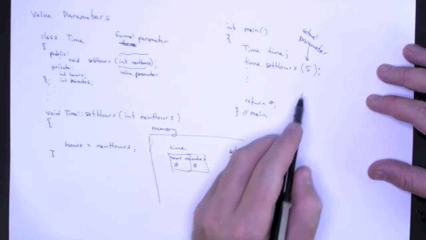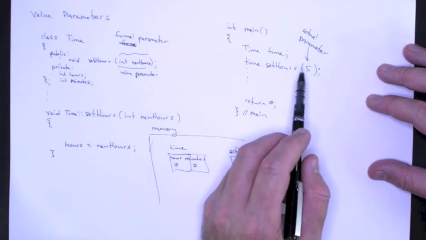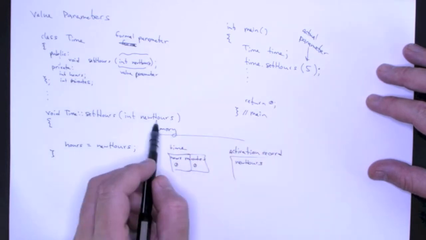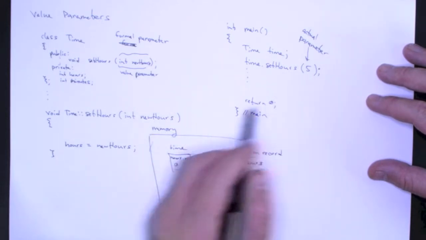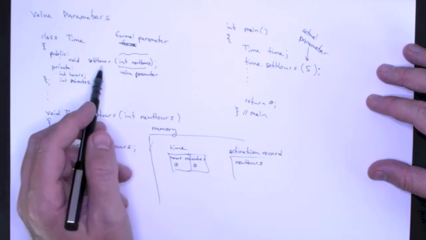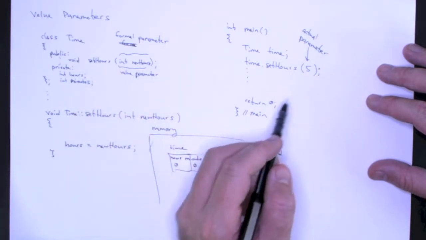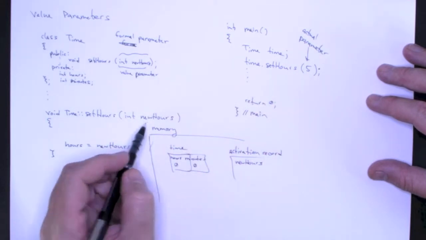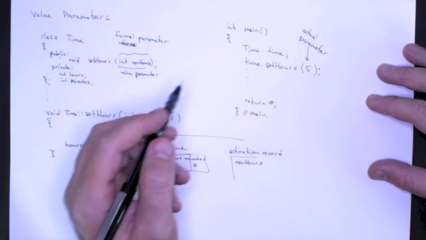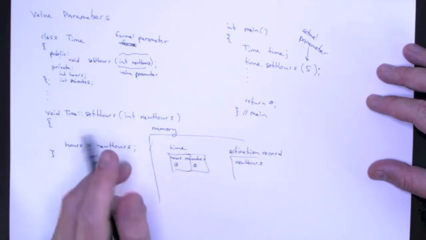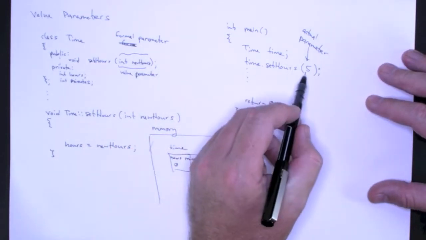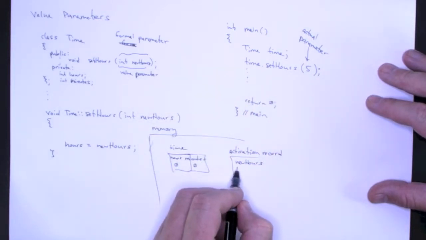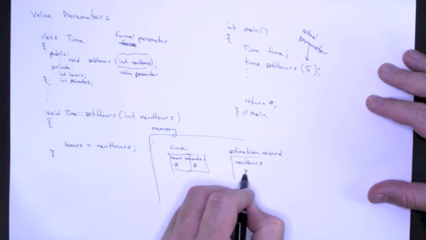And then we copy or map the actual parameters, in this case there's only one, to the formal parameters. And it's a one-to-one mapping. If you have methods with multiple parameters, the first actual parameter gets mapped to the first formal parameter, the second actual parameter gets mapped to the second, and so on and so forth. So this copying or mapping happens, and so that means that effectively new hours is assigned the value 5.